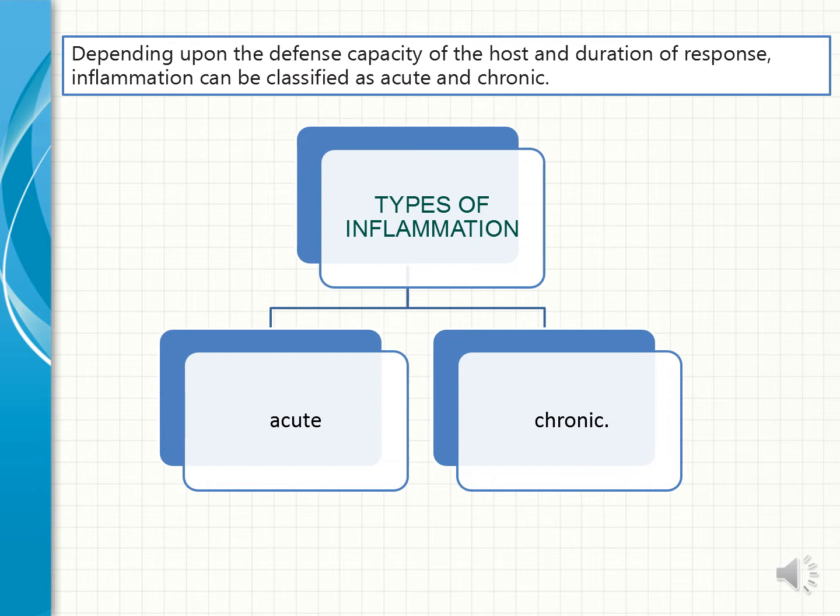Depending upon the defense capacity of the host and duration of response, inflammation can be classified as acute and chronic. Here you see the scheme, types of inflammation divided into acute and chronic.